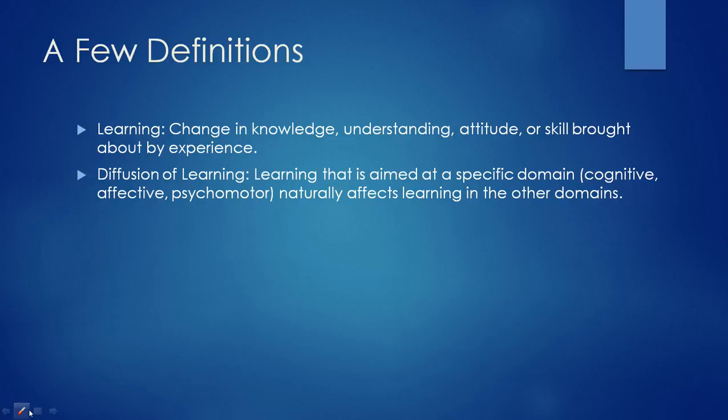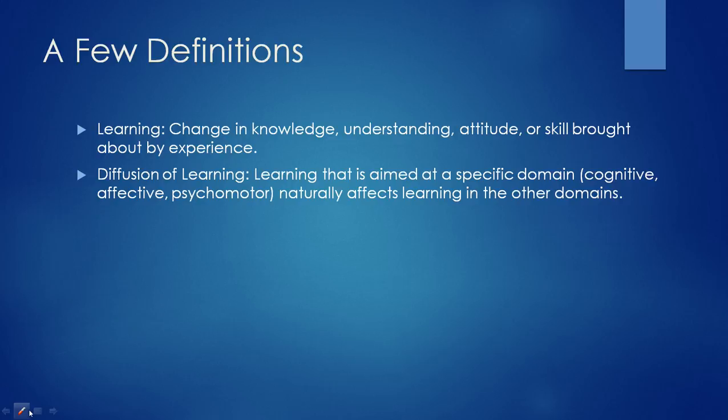Here's another example. If I'm teaching a psychomotor skill, say I am a teacher of violin, the learner will learn the psychomotor skill of playing the violin, but the learner is also going to learn cognitively. They're going to learn how to think better as they're learning to play, and they're also going to learn attitudes about playing. It will come from me as the instructor.